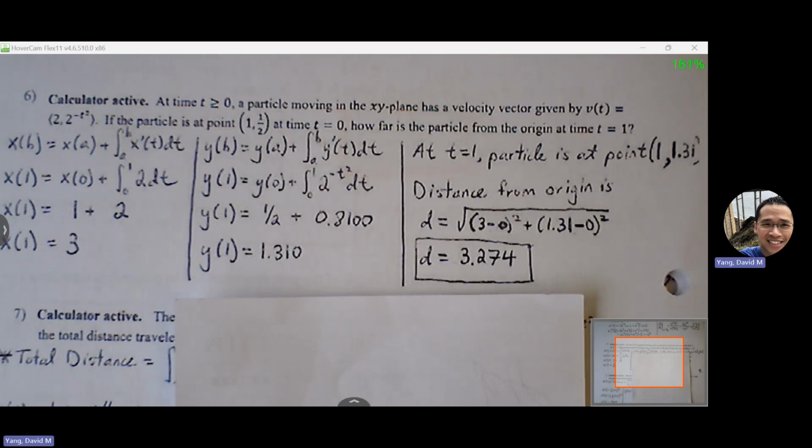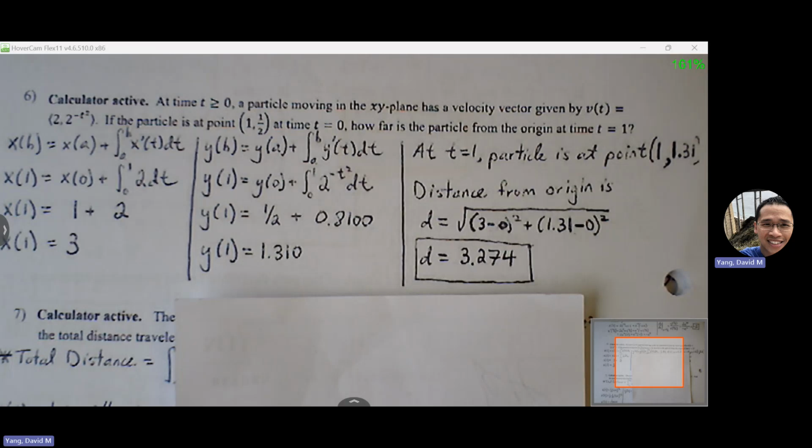This one we can just plug in the calculator, 2 to the negative t squared. That's the integral. So we know that this particle is going to end up at ordered pair (3, 1). So think of it as you're just finding that distance.